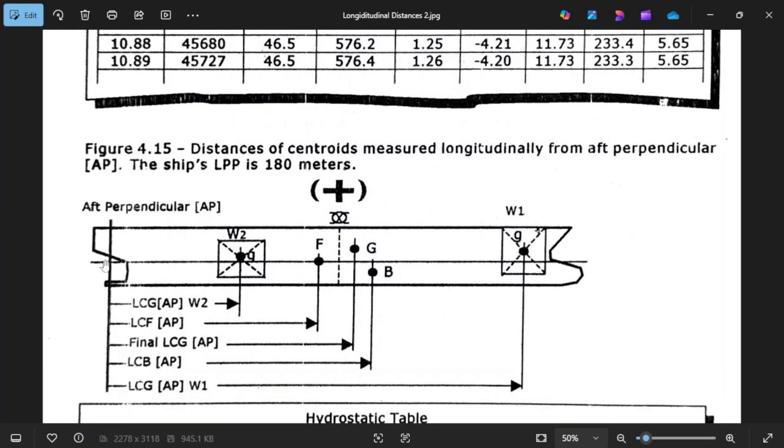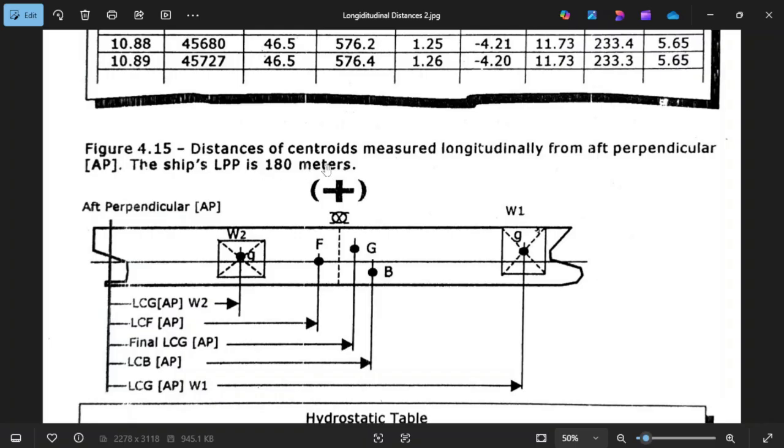So from here going to this weight, that is positive, and the center of rotation, positive, the center of gravity is positive, all positive from the reference point of aft going forward. Say weight number 1 or hold number 1, the LCG is positive, so all are positive.